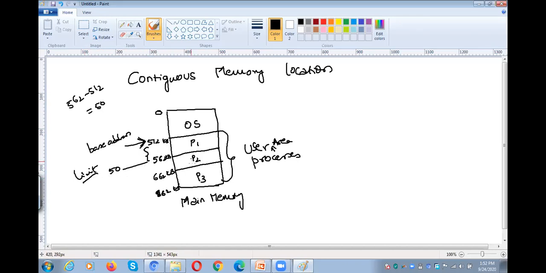Likewise, the base of P2 is 562 and the limit value is 100. Then for P3, the base is 662 and the limit is 200. Have you got my point? Limit is nothing but a range, the range between these two.